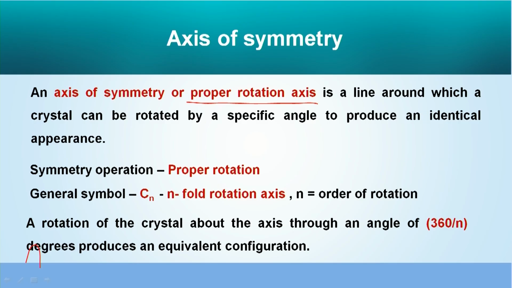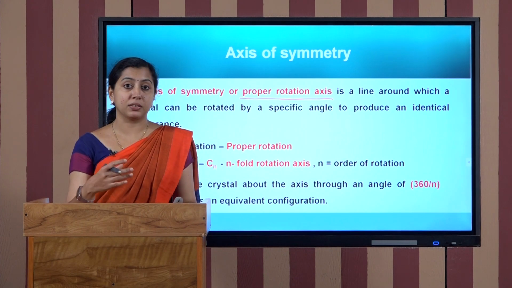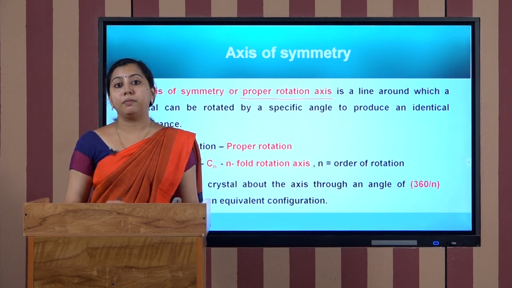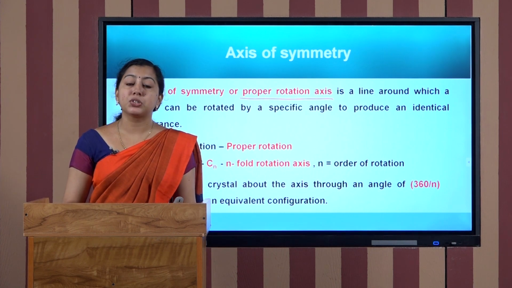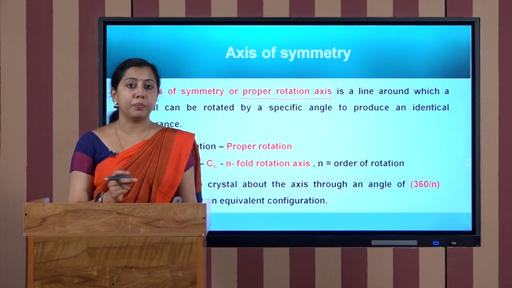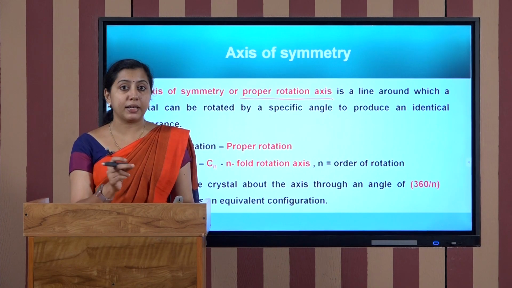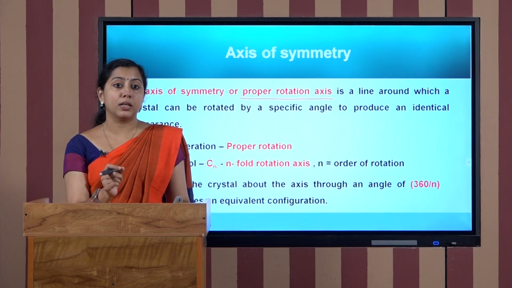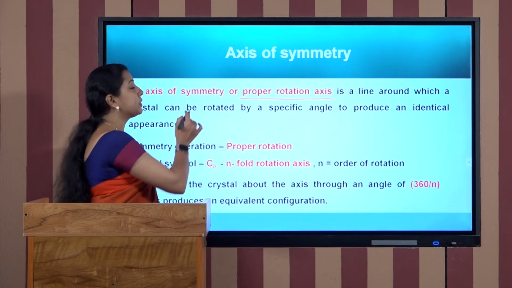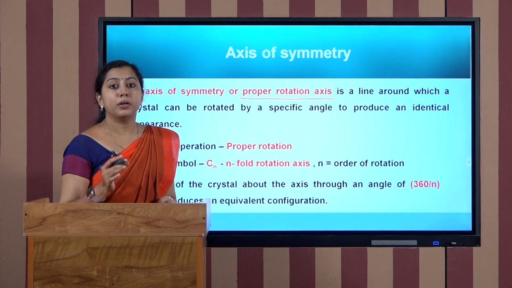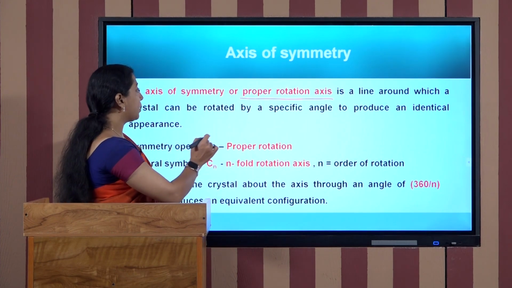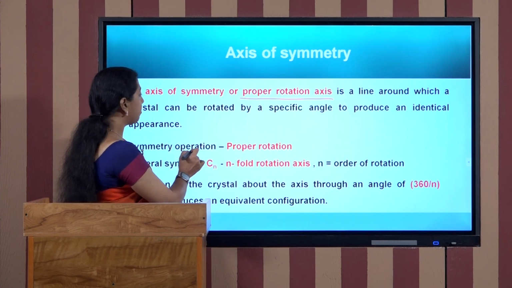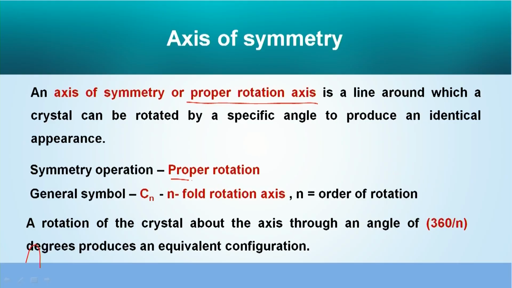So, it is an imaginary line around which this crystal can be rotated, and when that operation is performed through a specific angle, the crystal will give an identical appearance. Then we can say that that particular crystal possesses an axis of symmetry or proper rotation axis. Since we are performing a rotation, the symmetry operation here is proper rotation.